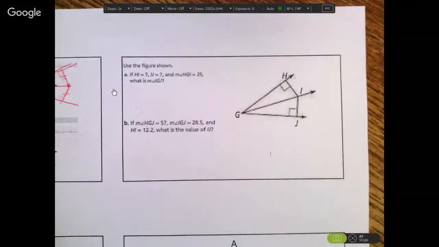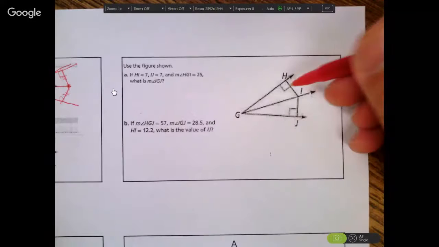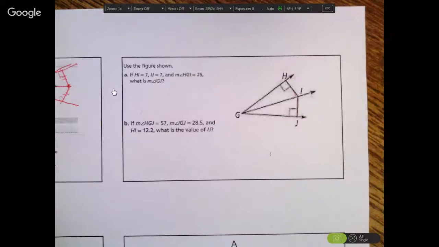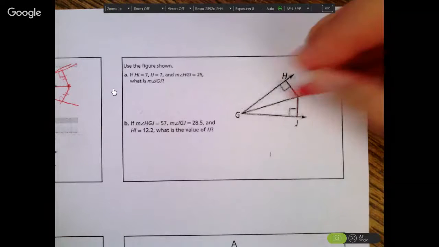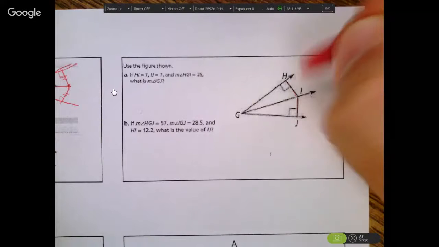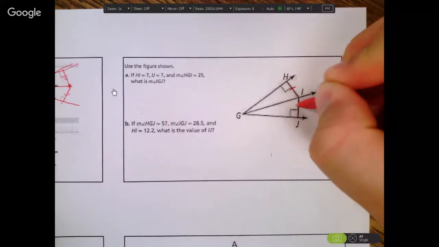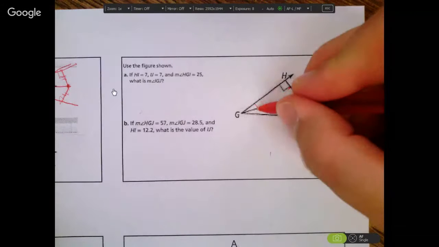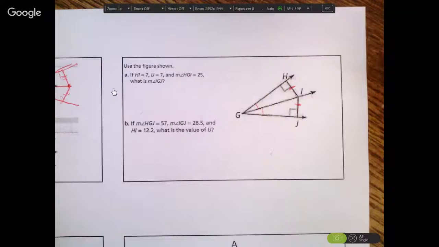Algebra. Okay, all right, so basically what we need to know when we see these are 90 degrees, okay, and then we basically need to know that this is going to end up being the same as this, okay, and that this is the same as that.